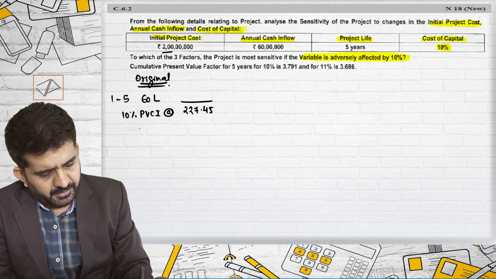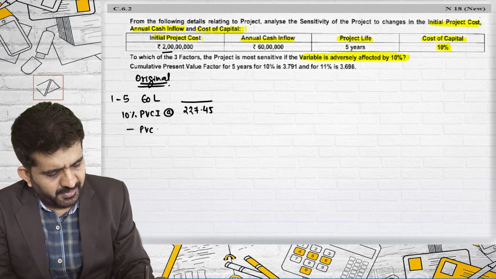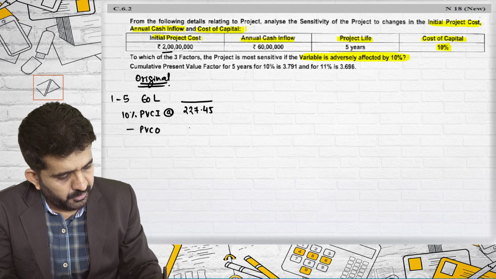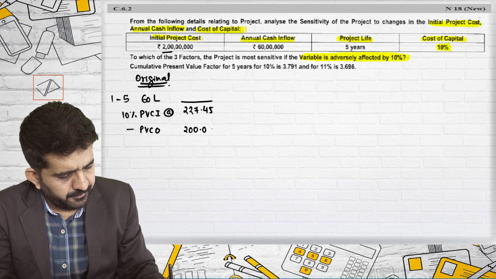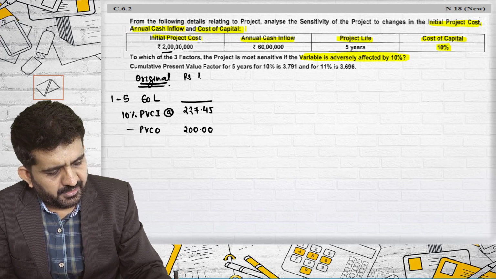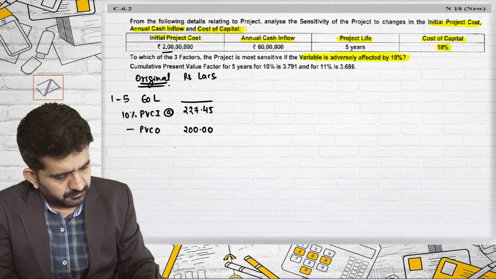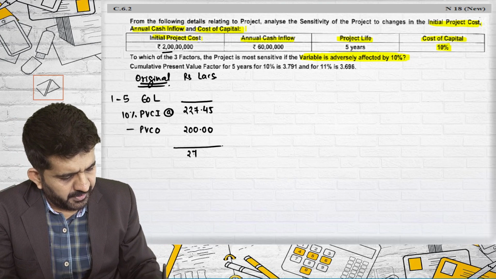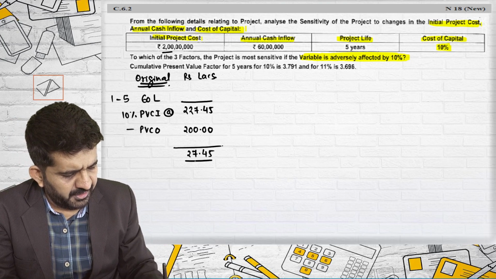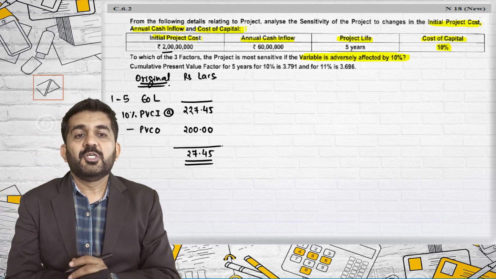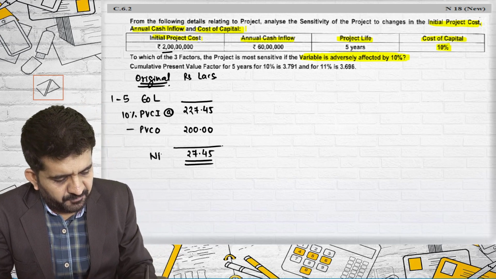Minus the present value of cash outflow, which is 200 lakhs. This will be 27.45. So this is the original NPV of the project.